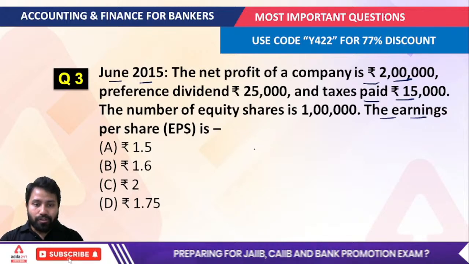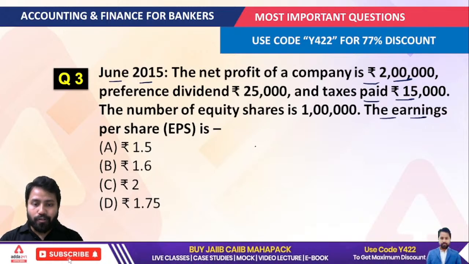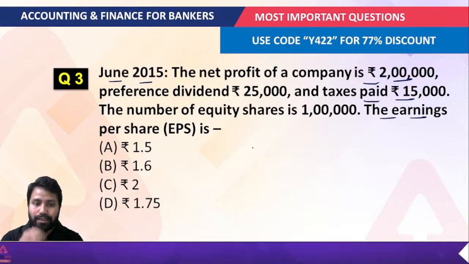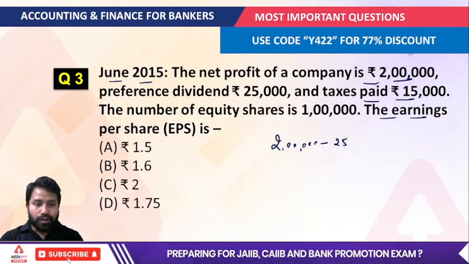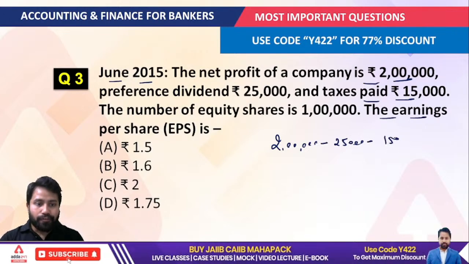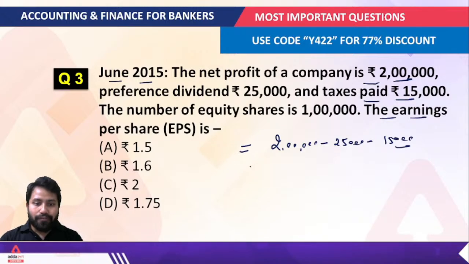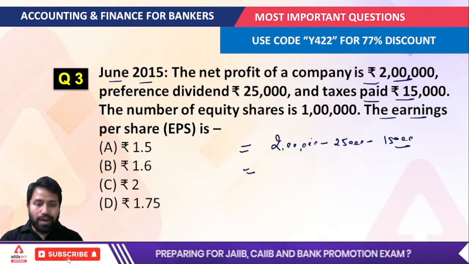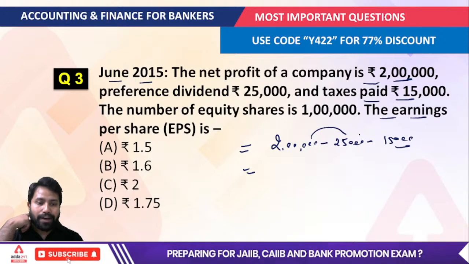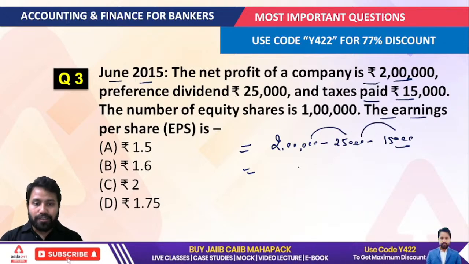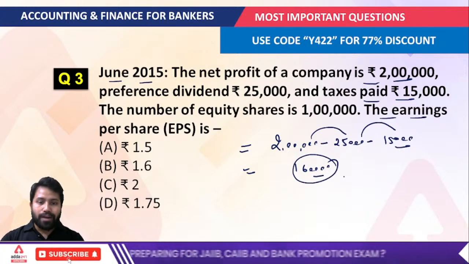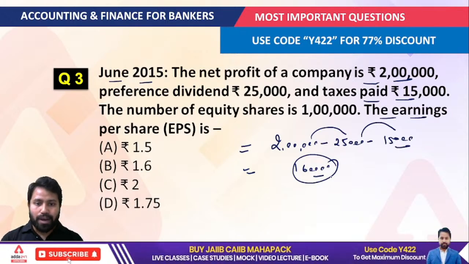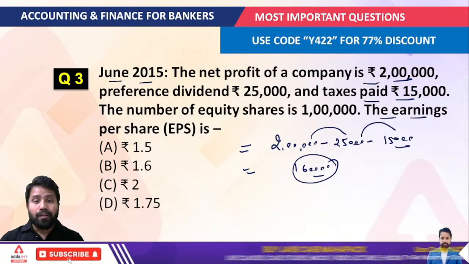So the available earnings is 2 lakh minus 25,000 minus 15,000. 2 lakh minus 25,000 is 1 lakh 75,000, and 1 lakh 75,000 minus 15,000 becomes 1 lakh 60,000 rupees. That is the net profit available after deducting all the taxes and the preference dividend.